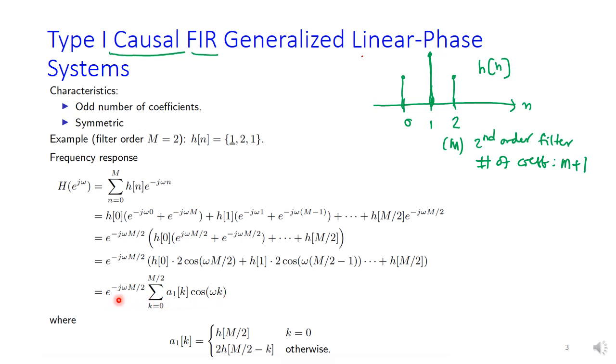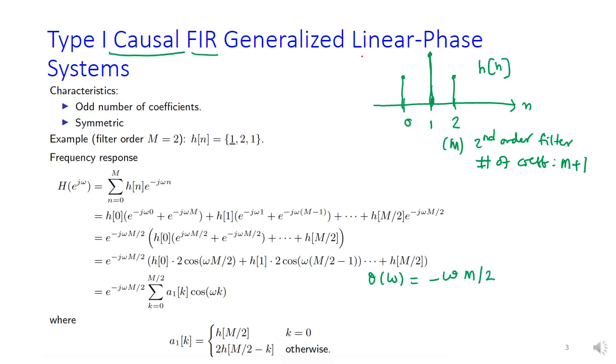Pay attention here and compare it with the general form. You have an amplitude term. This is your amplitude term that has been seen in the previous slide. Go back in the video if you want to look at it again. This corresponds to your phase, so the phase value theta of omega here is equal to minus omega times M by 2.